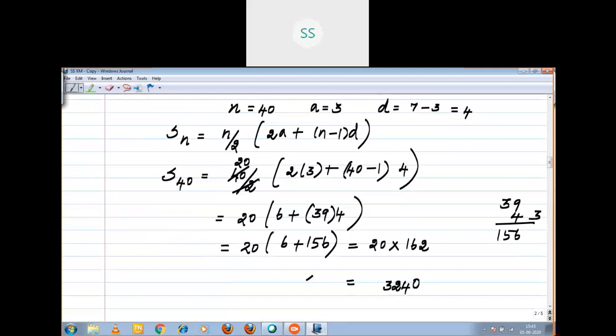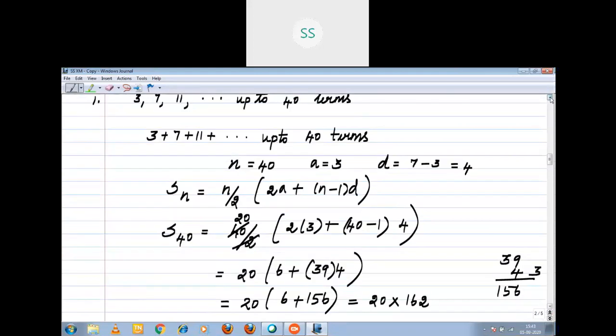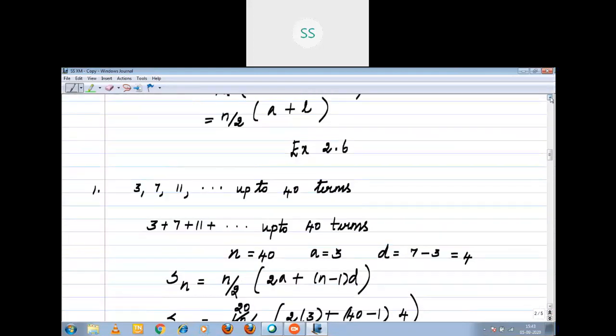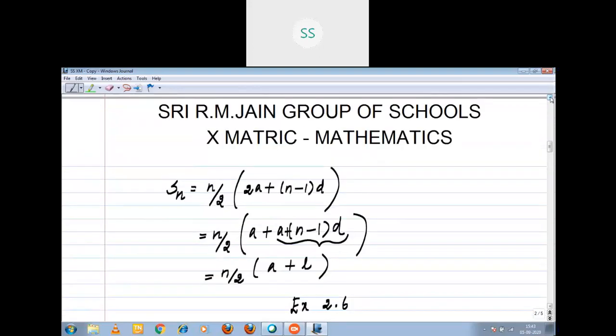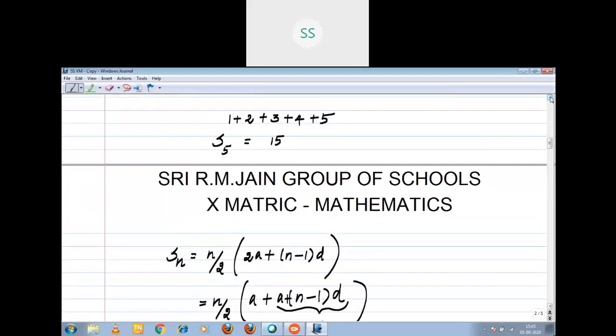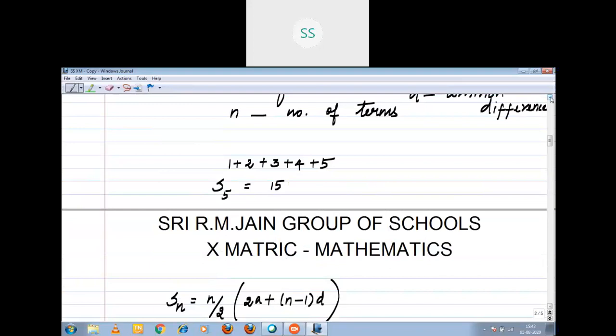What is S40? 3240. Right, I gave an example, right? Sorry children, I gave an example. What example did I give? A finite series I gave. That is 1 plus 2 plus 3 plus 4 plus 5. S5 equal to what I wrote here? S5, that is the sum of the terms. Whether it is correct or not, we have to check using this formula.